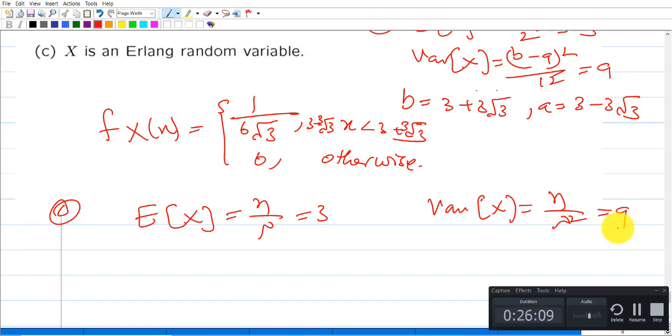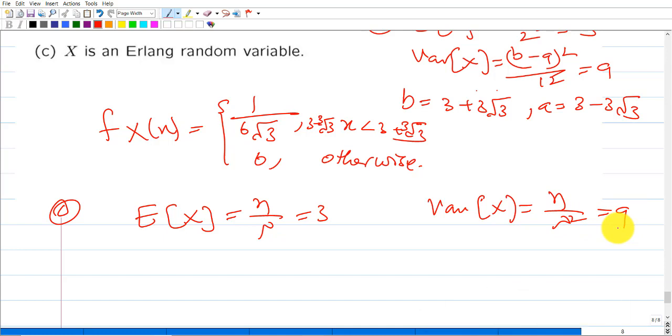So we again have to calculate two parameters, n and lambda. From here we can see that n is equal to 3 lambda, and from here n is equal to lambda squared times 9.